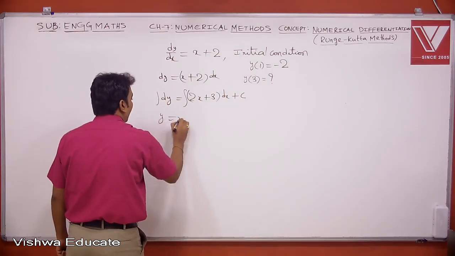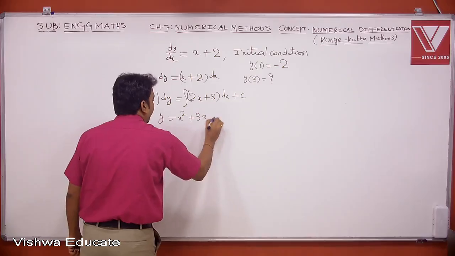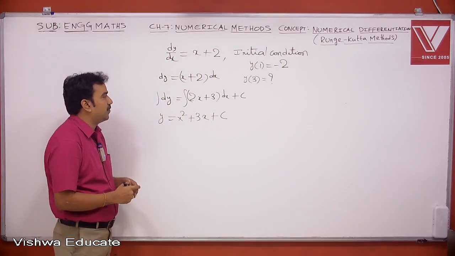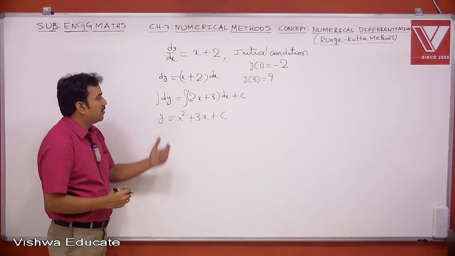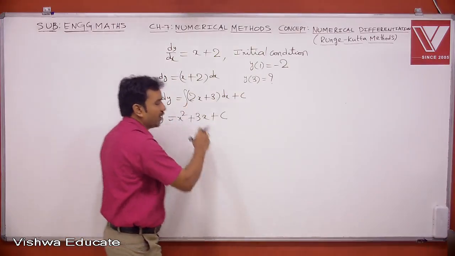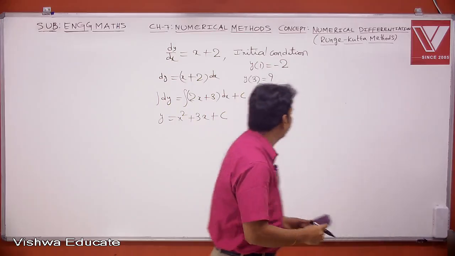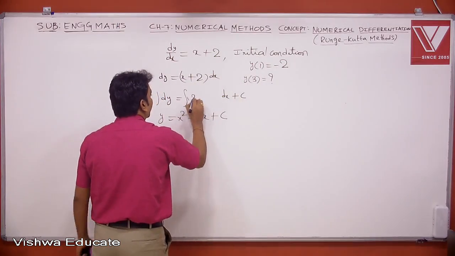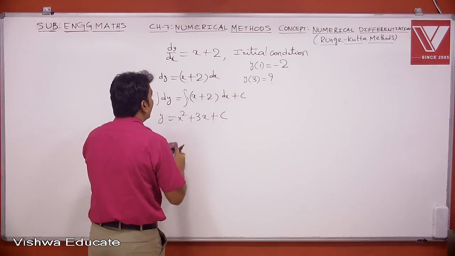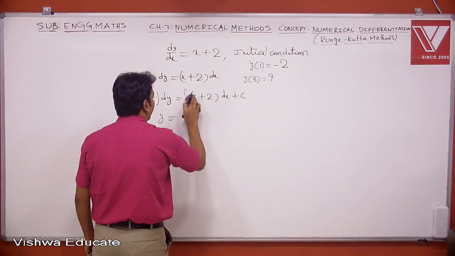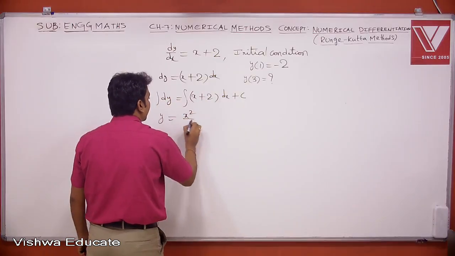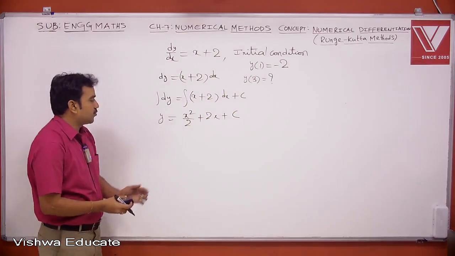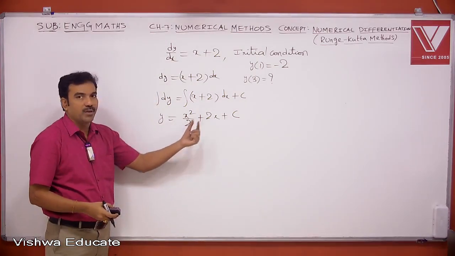Sorry, the equation is x plus 2. So therefore the integral of x is x square by 2, plus 2x plus c. Now this is my general solution, y equal to x square by 2 plus 2x plus c.